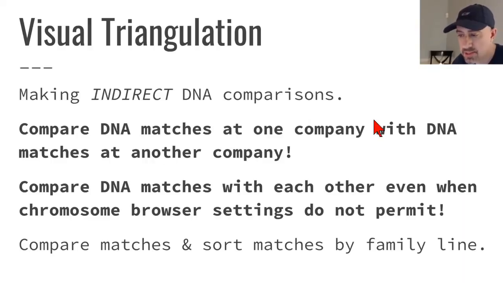So I'm thinking specifically of Family Tree DNA with that statement. Family Tree DNA has a good chromosome browser, but that chromosome browser does not allow you to compare your matches with each other. So visual triangulation is a way to overcome that.